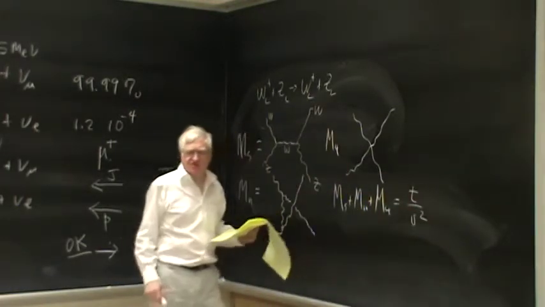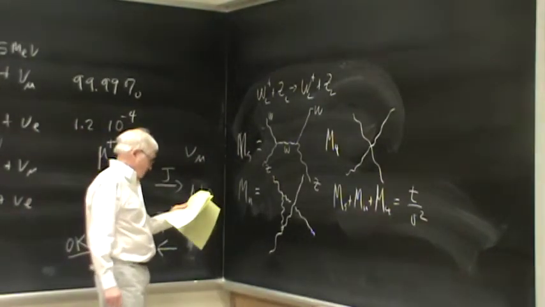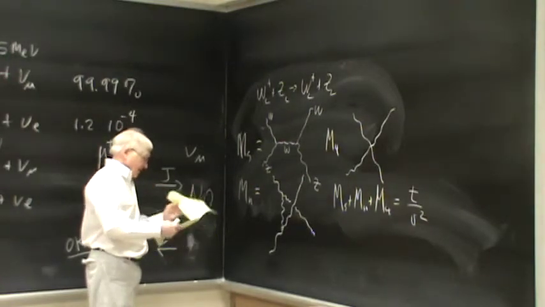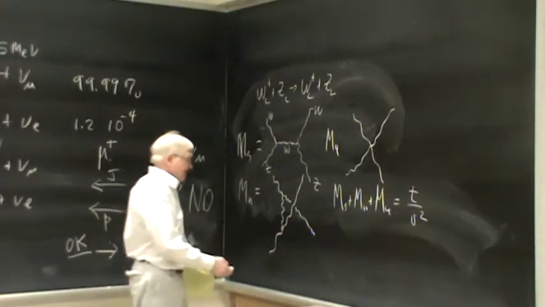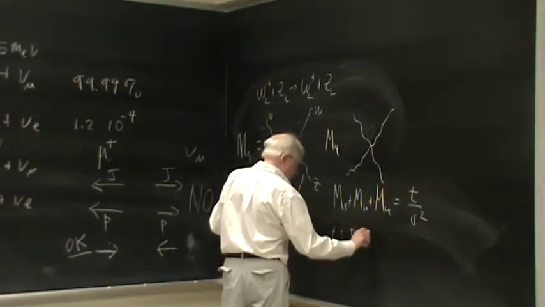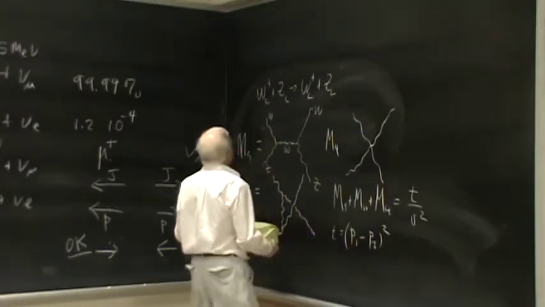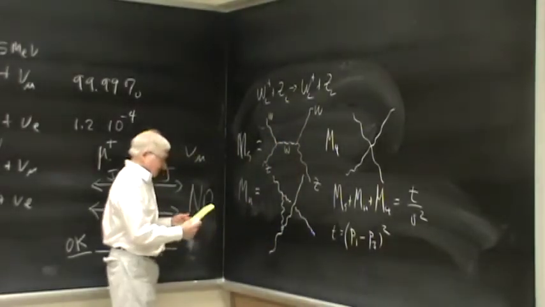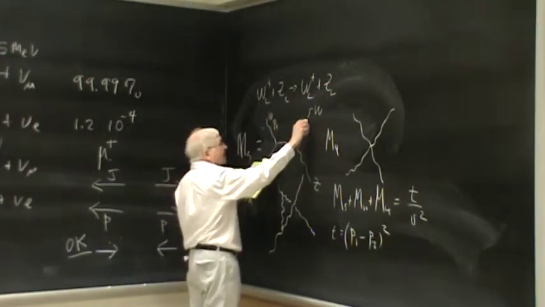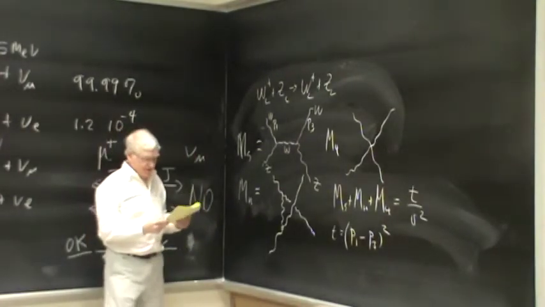V is this 246 GeV, and T is the Mandelstam variable, P1 minus P3 squared. And let me label these ones, P1, P3. So those are the two that we're talking about, the two W's.